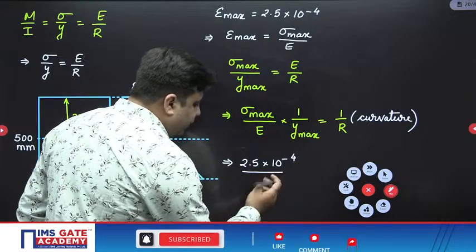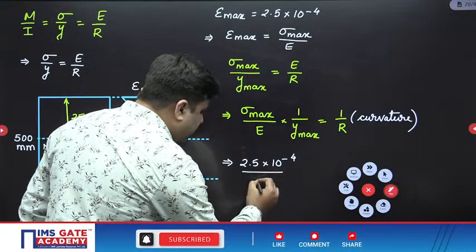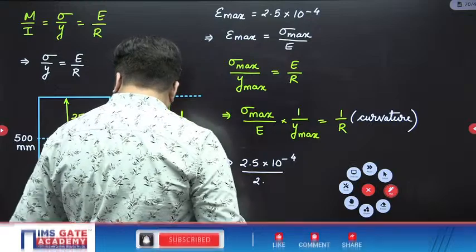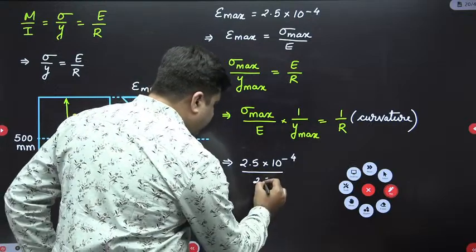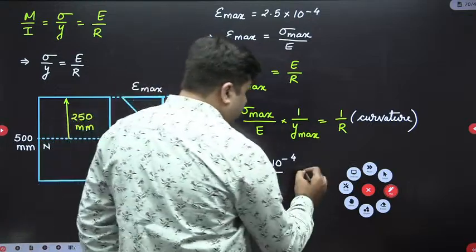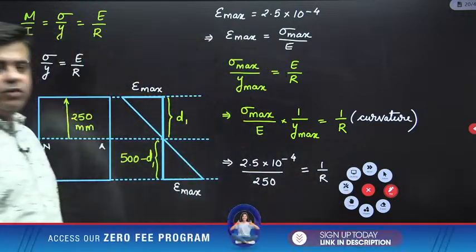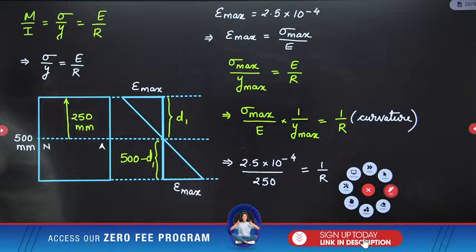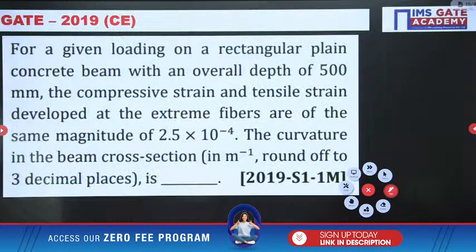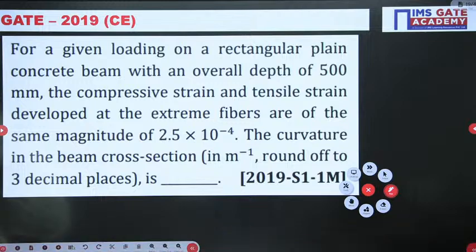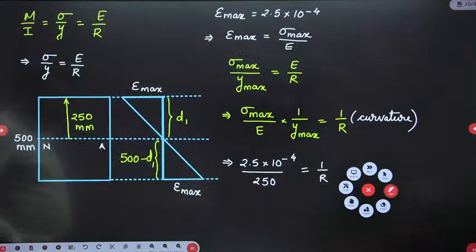So this 2.5 into 10 raised power minus 4 divided by 250 is equal to 1 by R. Please calculate this value and tell me the answer. You want the answer in per meter.